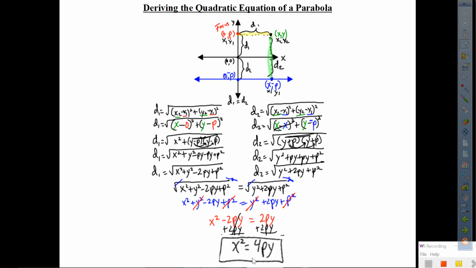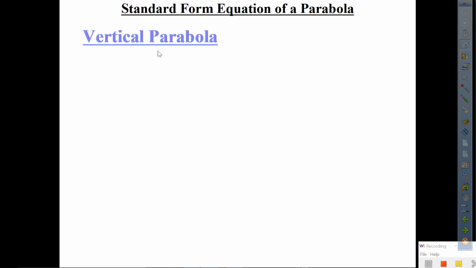We end up with this equation, which is a quadratic equation. This equation is known as a vertical parabola. Don't copy this, pay attention. Have you been working with x squared? Yes, I've been giving you that on the warm-up so you can remember that it's a parabola.